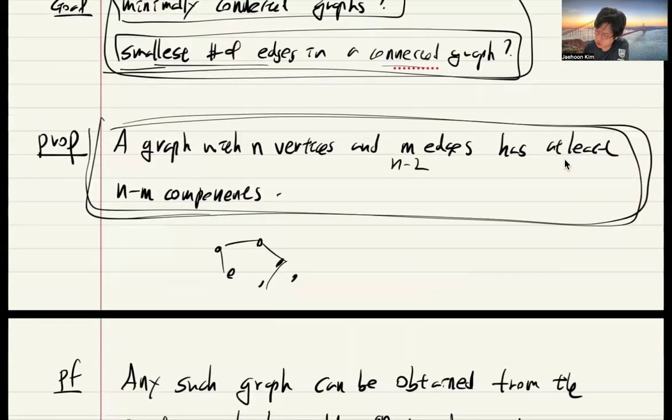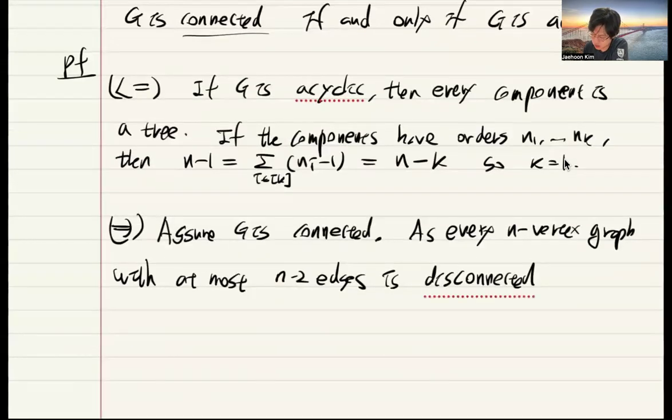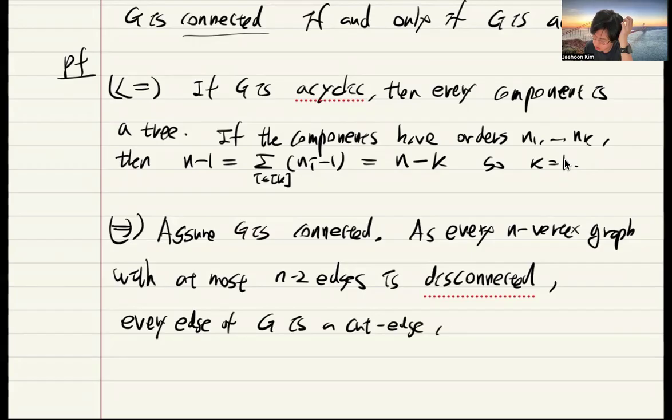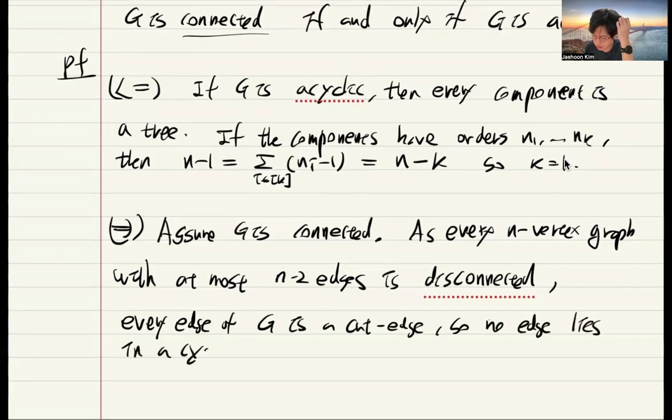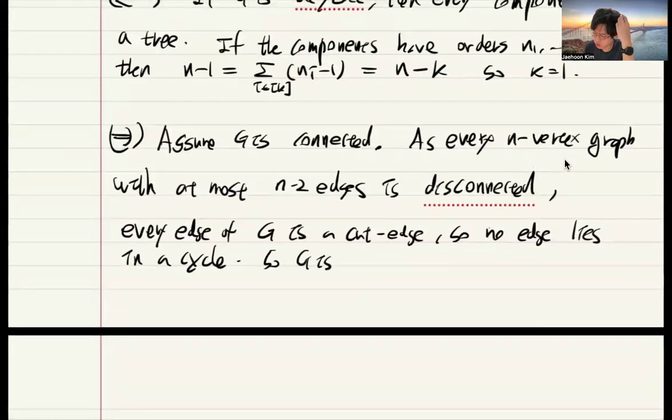So this is n minus 2, then this is at least 2 components. So not connected. But you know, every edge of G is a cut edge. So no edge lies in a cycle by the previous proposition. So G is a tree.